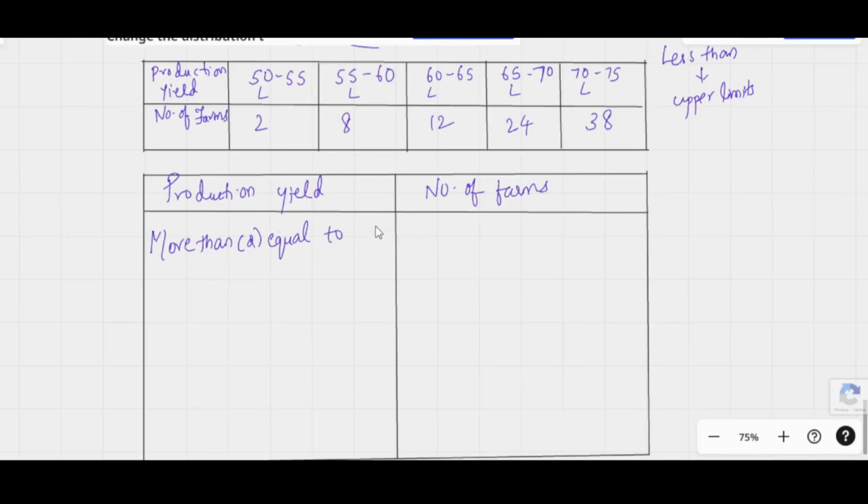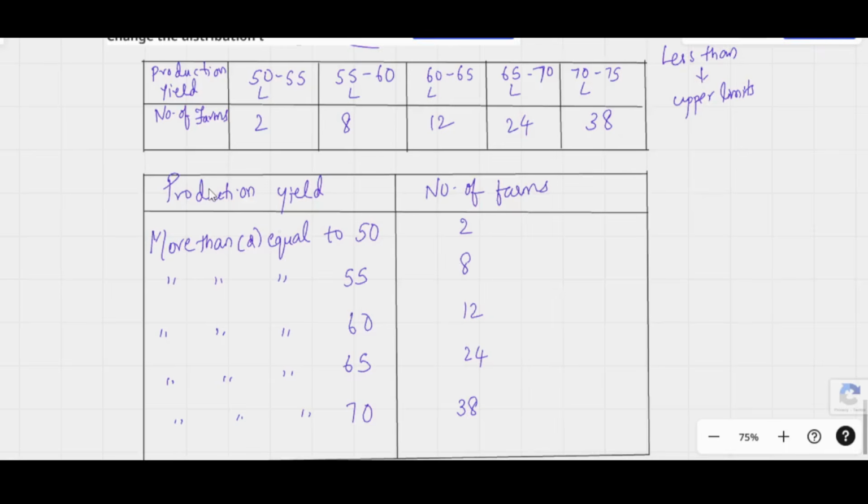Which number do we write for the more than type? Lower limits. 50, same. Write down the next one, more than or equal to 55, then more than or equal to 60, more than or equal to 65, more than or equal to 70. And what are the numbers of farms? Just note it down: 2, 8, 12, 24, 38. This is the way we change the distribution from the class interval to more than type or less than type.